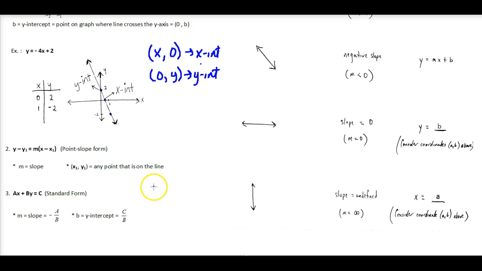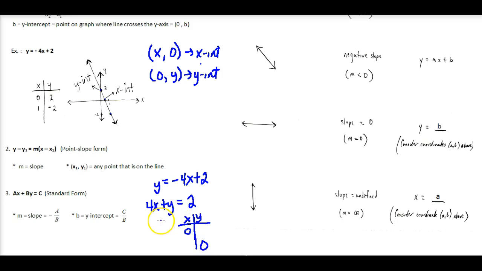We would start off by just saying y is equal to negative 4x plus 2, and to get it in this standard form here, we know that we would have to add 4x to both sides. So doing that would give us this situation. Now, of course, if we want to find the intercepts, what we need to do is let x be 0 one time, and then the other time let y be 0.